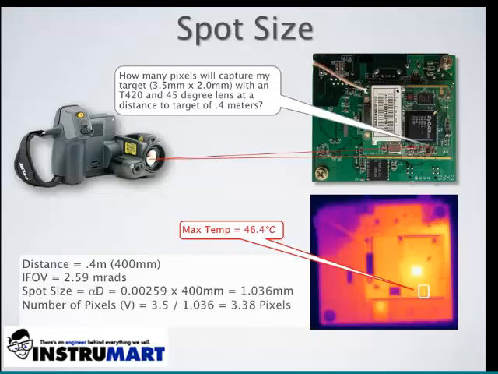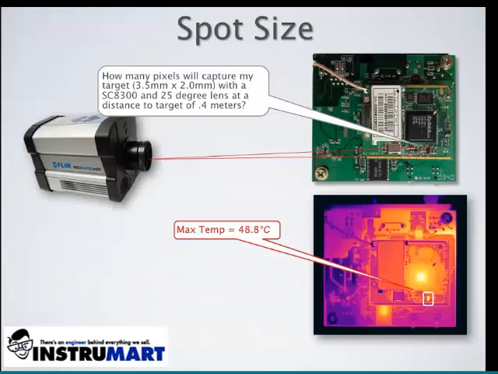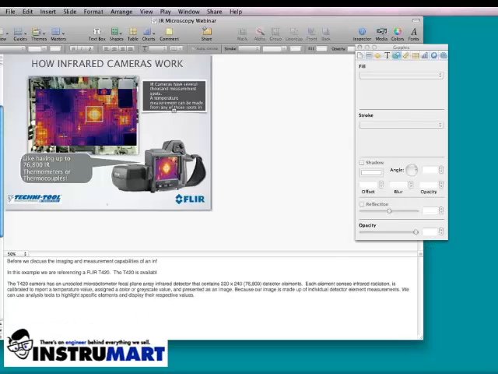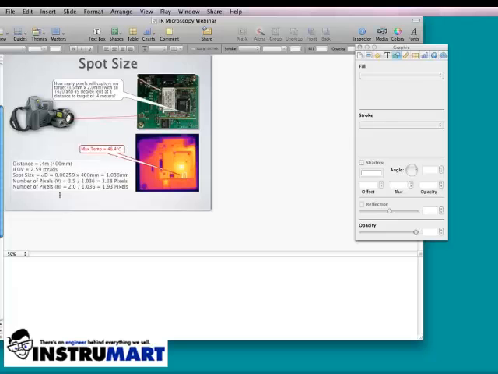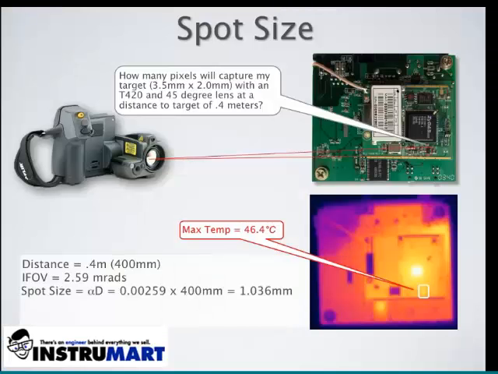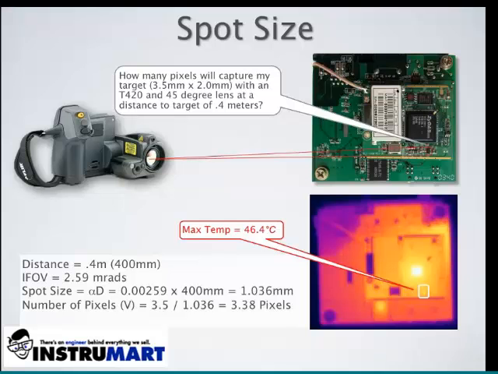So the number of pixels I have in the vertical aspect are 3.38 pixels. And in the horizontal, I have 1.93 pixels. So 3.38 and 1.93. Not sure why that horizontal is displaying.